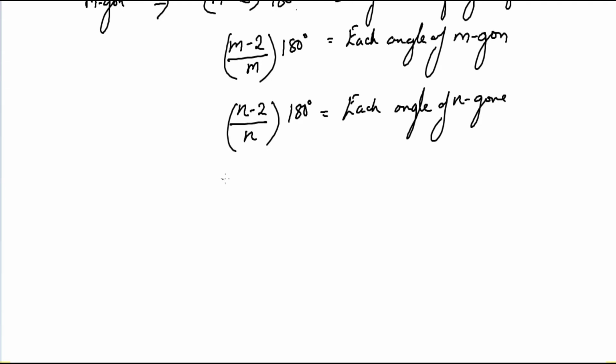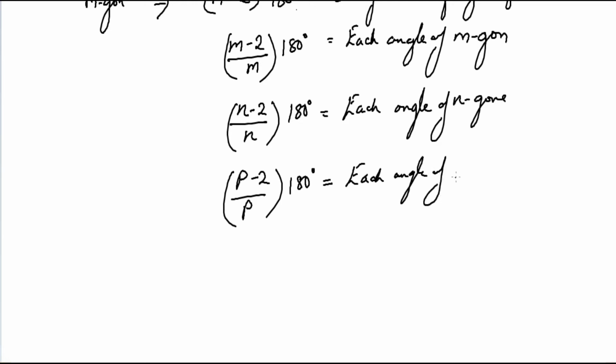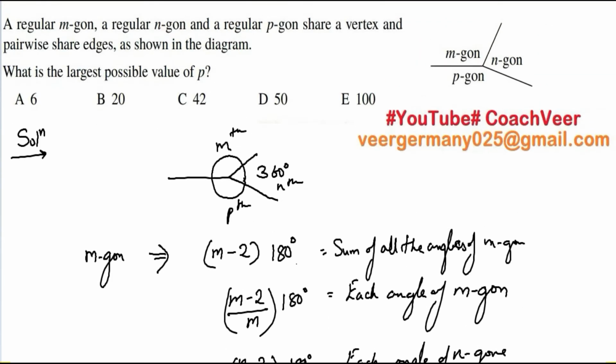And similarly we have the other one, p, which is the important one, because we need to find the largest value for p, how many sides p can have. So each angle of the p-gon. Now as we can see from this figure, their sum should be equal to 360. We can utilize this, and this is the only thing we are given.